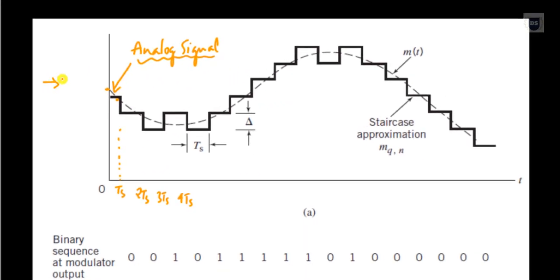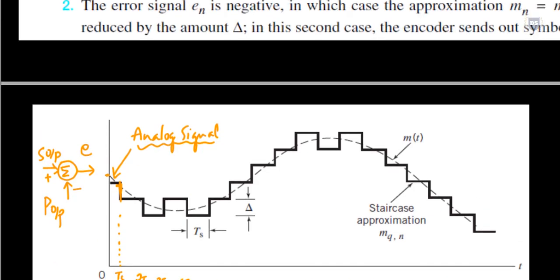So when this is passed through our very first summer stage, this is our predicted output and this is our sampled output. When subtraction happens, this in turn results in an error value, and this error value is negative in this case. So because of that, this decreases the step value by delta according to our definition.